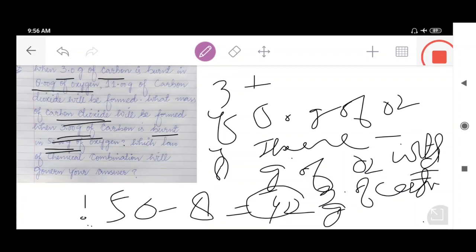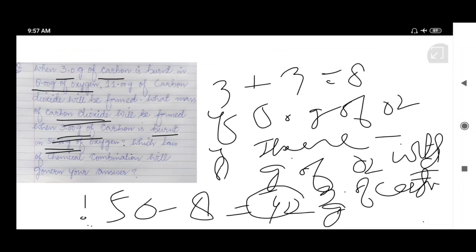These 42 grams will no longer react with carbon, because the ratio should remain 3:8. Because whenever there is a formation of carbon dioxide gas, the ratio should be 3:8.